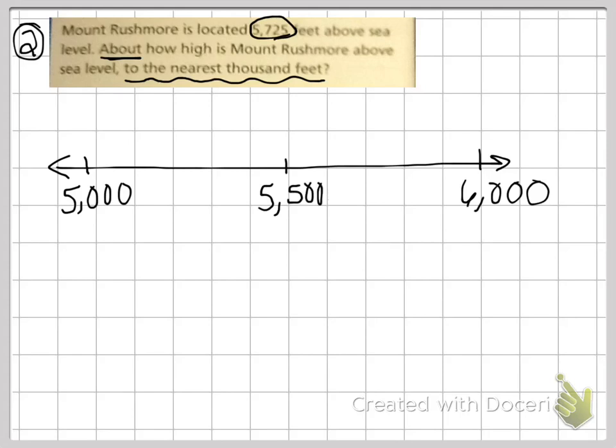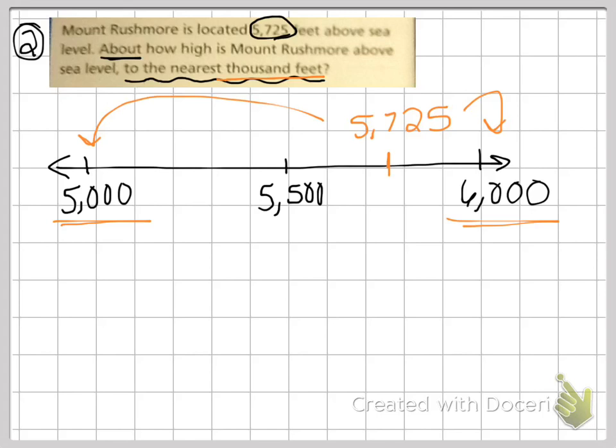Now I can place 5,725 much easier. So that would be maybe halfway in between, and do 5,725. Now, since it tells us to round it to the nearest thousands place, I need to see which thousands the actual number is closer to. Is it closer to 6,000 or closer to 5,000? And yes, you're right, it is closer to 6,000.